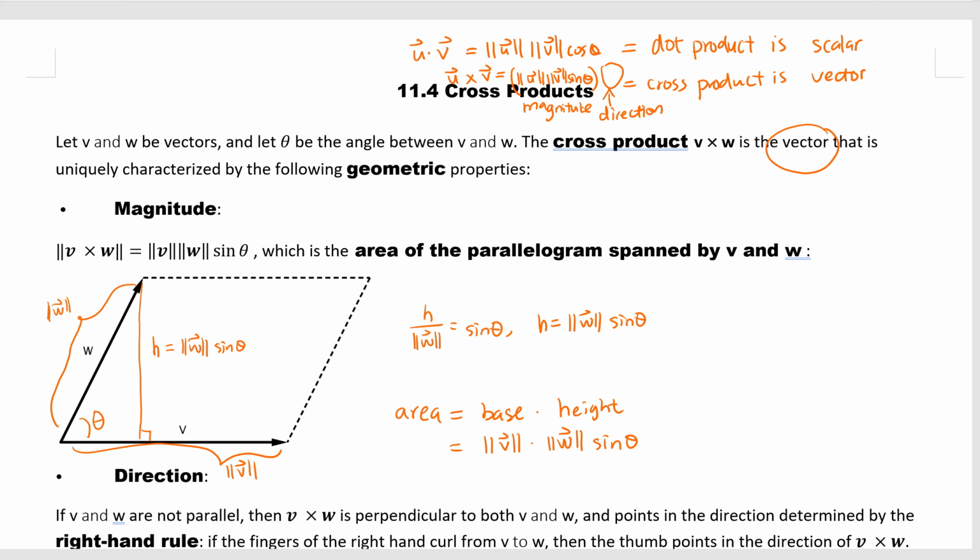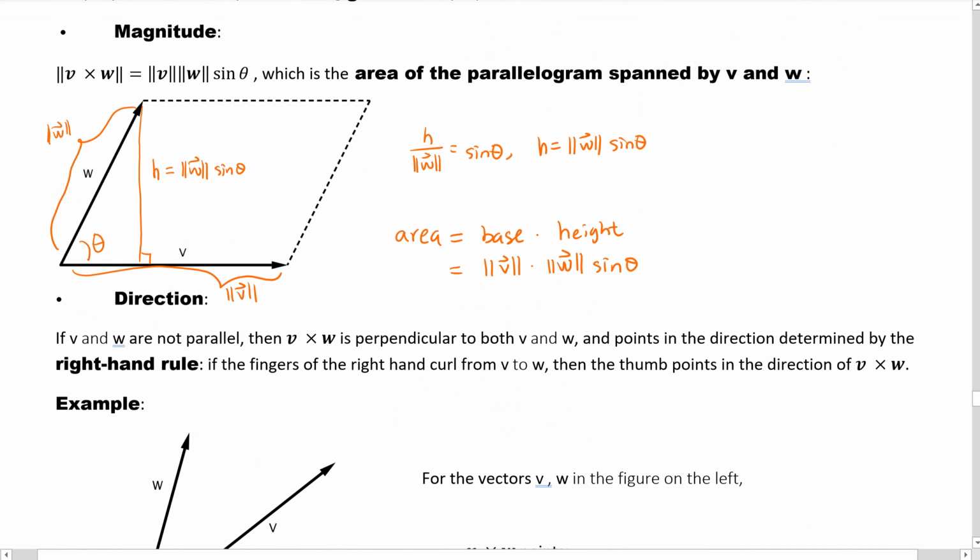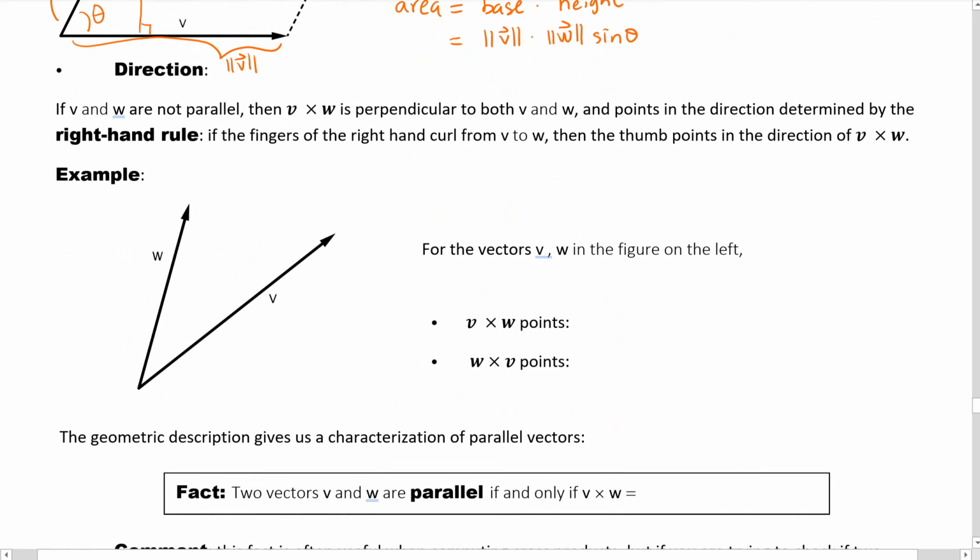Okay, so that's the magnitude. Now let's continue to look at its direction. If V and W are not parallel, then V cross W is perpendicular to both V and W and points in the direction determined by the right-hand rule. If the fingers of the right hand curl from V to W, so let me try to draw here.